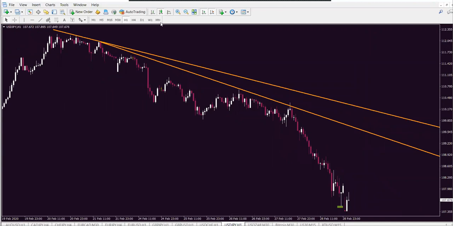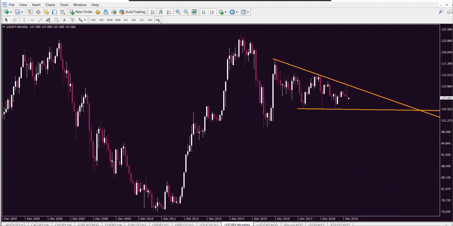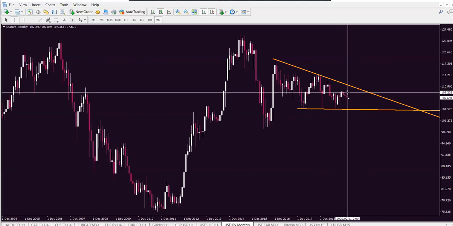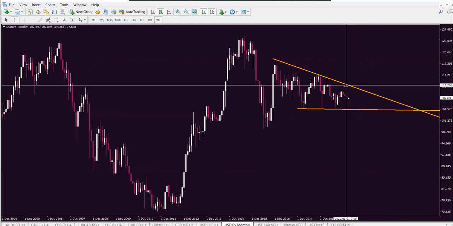All right. So here we have price converging and not converging, so forming a triangle. And based on this candlestick right here, we see that the price has found some resistance right here on the trend line.